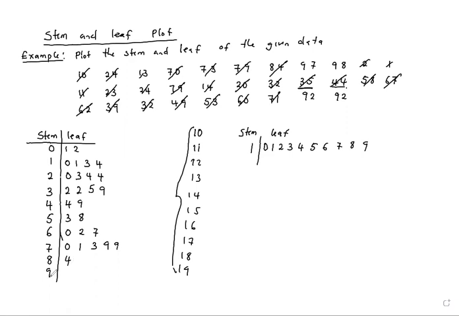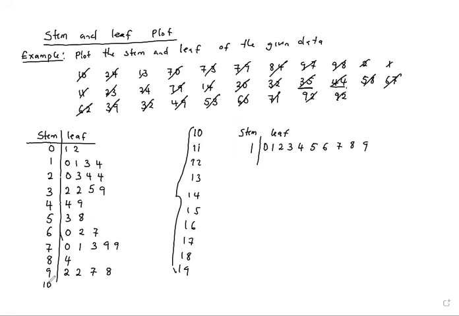Then 90s. 90s. You can see 92, 92. So 2, 2, 97, 7, 98. 8. So for 100, you still write a 1. So for 100, let's say you have, you write there.